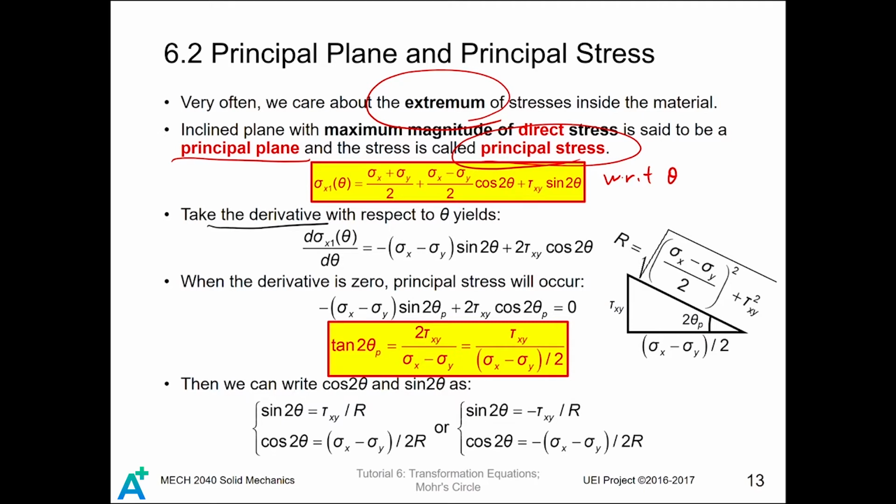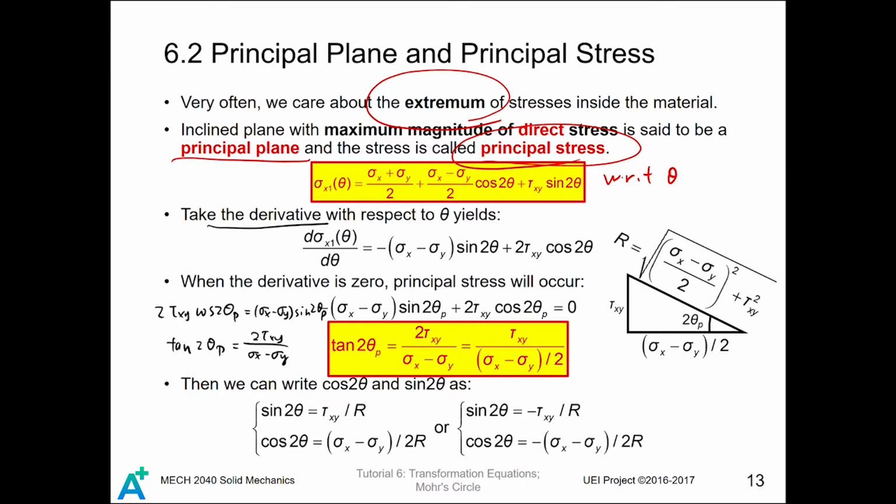We wish to solve when the derivative equals 0. Solving this equation, we have 2 tau xy cosine 2 theta p equals sigma x minus sigma y sine 2 theta p. Then we have tangent 2 theta p equals 2 tau xy divided by sigma x minus sigma y.